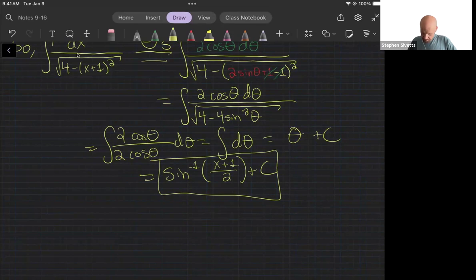And yeah, (x plus 1) over 2 has to be between minus 1 and plus 1, right? That's the definition of inverse sine of x. But anyway, regardless, that is the examples on integrals using trig substitution.